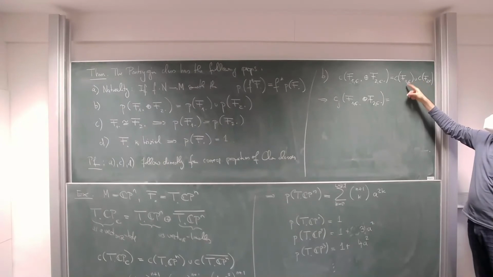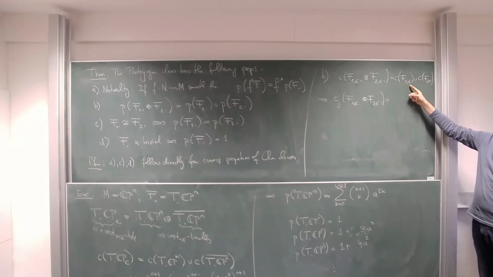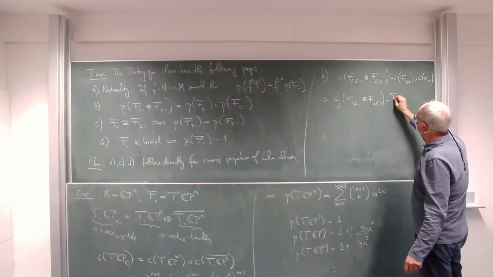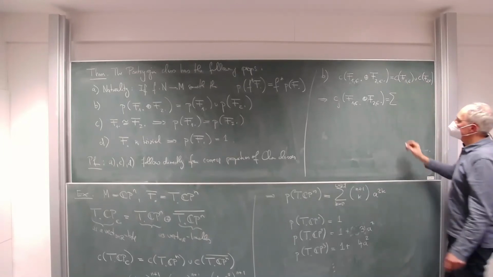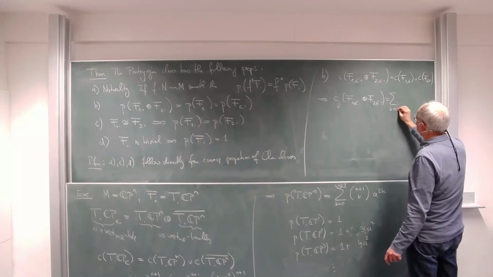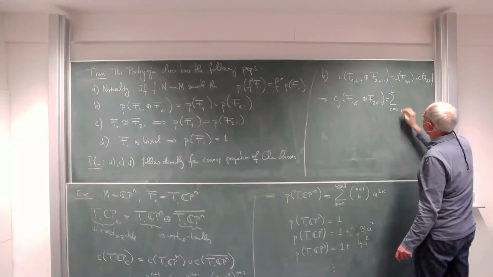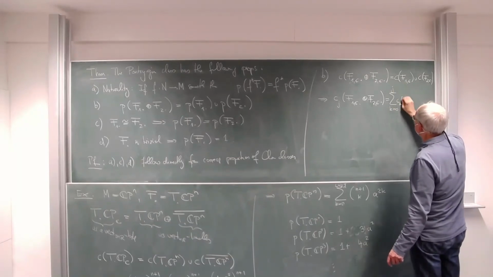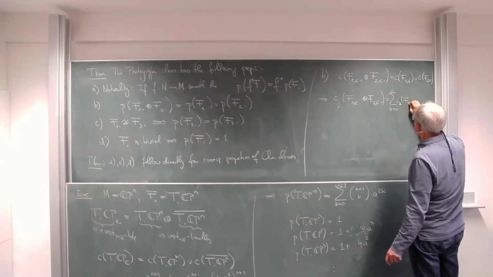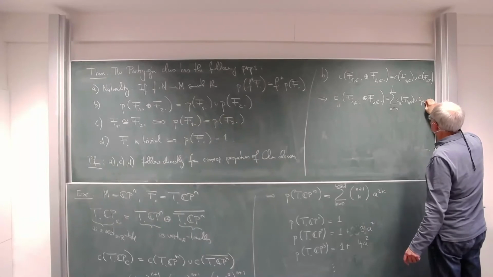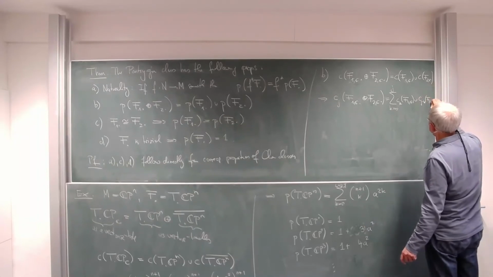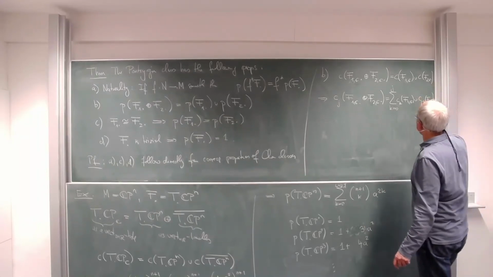Because in this multiplication the degrees add up, so I have to take all possible combinations here and here that add up to the correct degree. So let me write it like this. This is a sum from k equals 0 to j. I take the kth Chern class here times the (j minus k)th Chern class of the other one.